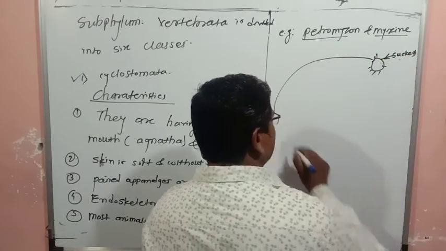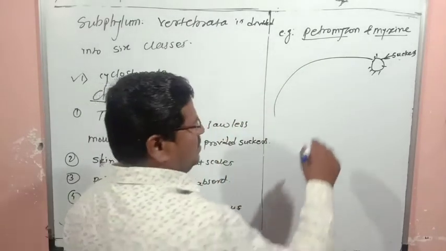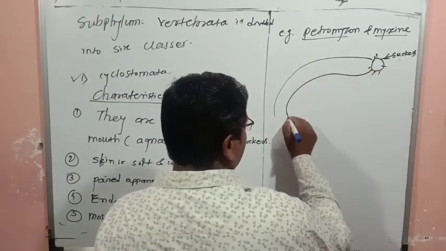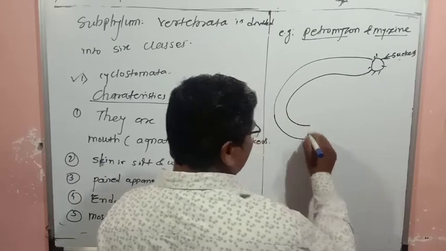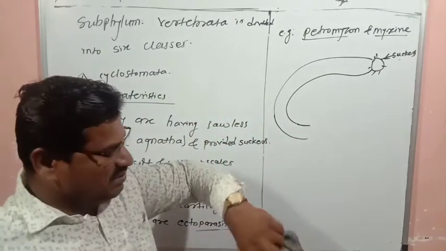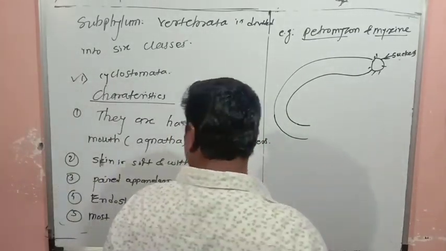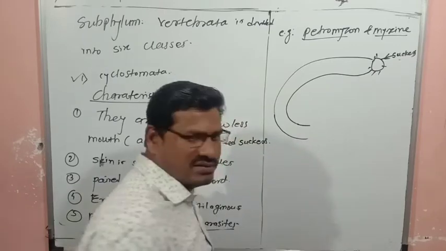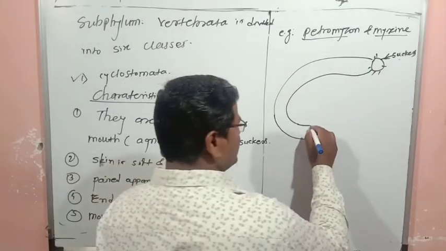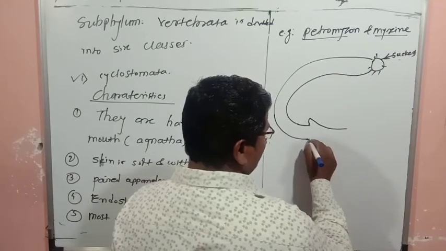Then you will draw like this, again like this. This is one example from cyclostomata.